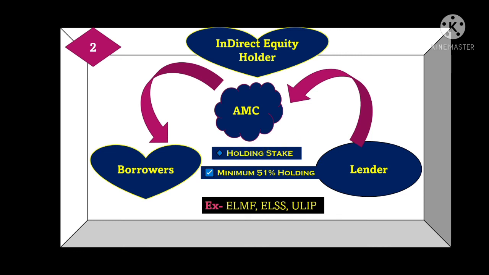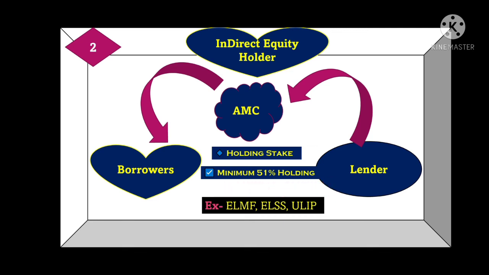In this case, under indirect equity holder, the foreign lender should maintain a minimum 51% holding stake in the borrowing company. Then it can become an eligible lender as an indirect equity holder. If it is a direct equity holder, then it has to maintain only 25% of the holding. Now, such holding can be in the form of ELMF, ELSS, ULIP.